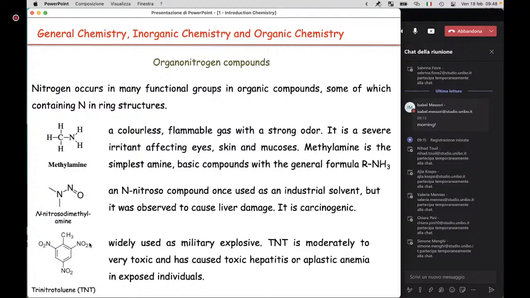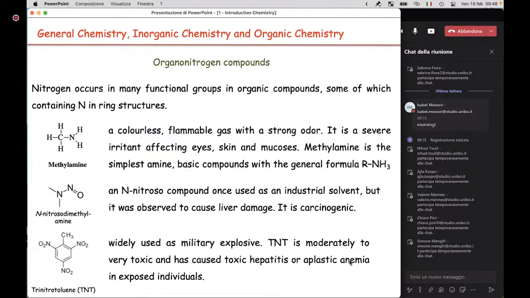Or we can have nitro groups, and nitro groups are typical of explosives. This is one of the most important explosives, trinitrotoluene, TNT. I think everyone has heard of it, and of course it is explosive, but it can also be toxic. It can cause hepatitis or anemia.